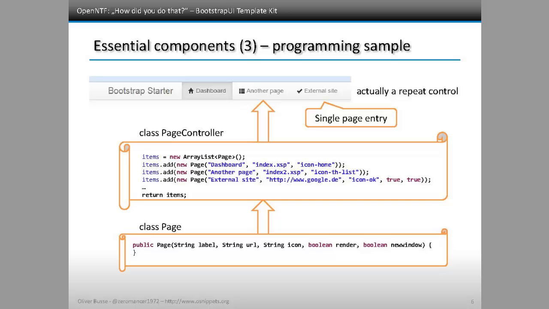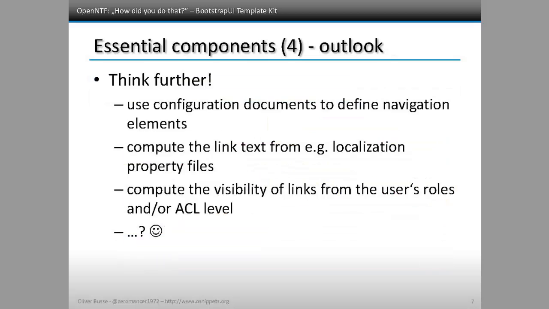You can calculate the visibility of an entry by several things. And if the link or the target should show up in a new blank window, especially when defining external sites with external links, that might be helpful.